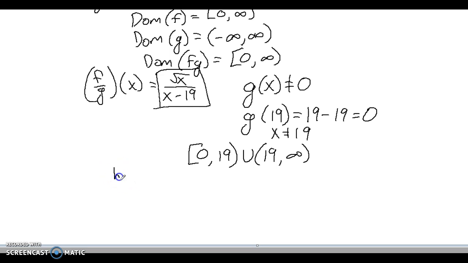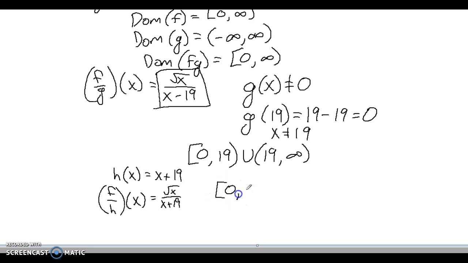One final note, if we had instead had h of x, which was x plus 19, then f over h of x is going to be the square root of x over x plus 19. Our basic domain is that 0 to infinity because that is x, while h has a domain of all real numbers.